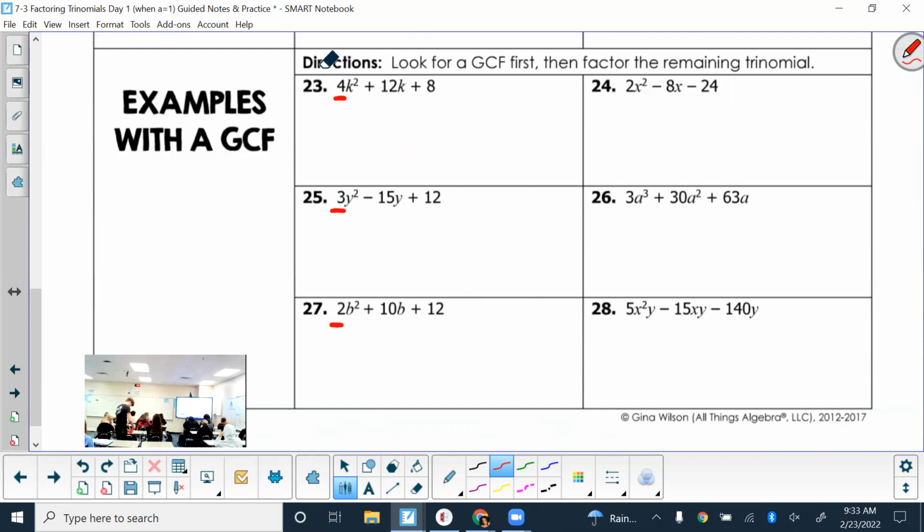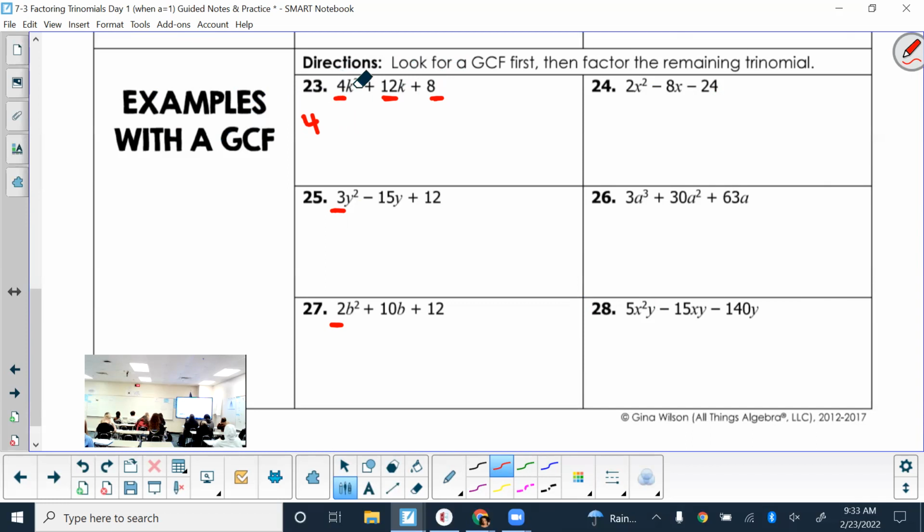So for number 23, between 4, 12, and 8, what would the GCF be? That's the greatest number that can be factored into all three numbers. So always check the smaller number. If it divides evenly into the others, that's your GCF. If not, maybe make a factor tree and explore other options.